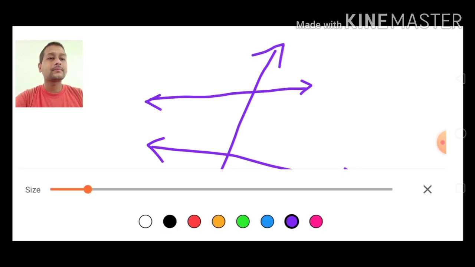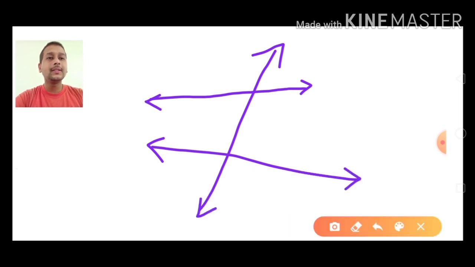Now look here, this angle and this angle are corresponding angles. Then we have this angle and this angle. So what are corresponding angles? When an angle is on the above part of the line, the other angle should again be on the above part of the other line.